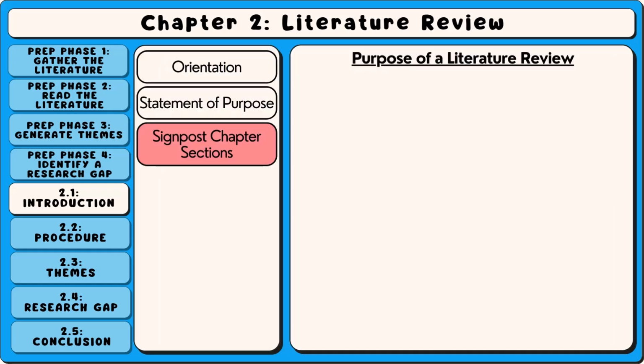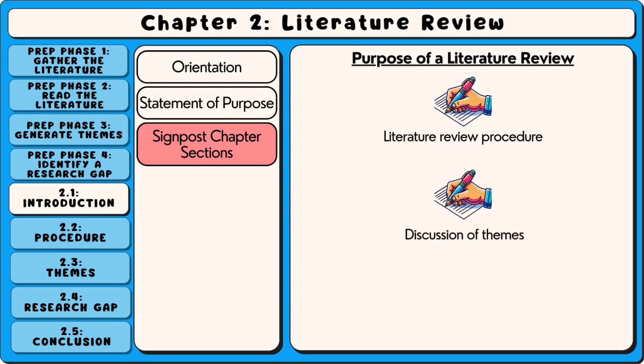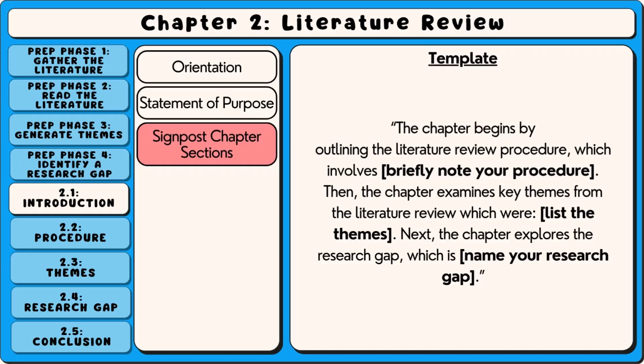Our third step in the introduction is to signpost the chapter's sections. The subsections for our literature review are the literature review procedure, discussion of themes, and critical analysis of your research gap. So here's a template to signpost those subsections. The chapter begins by outlining the literature review procedure, which involves, and then briefly note your procedure.